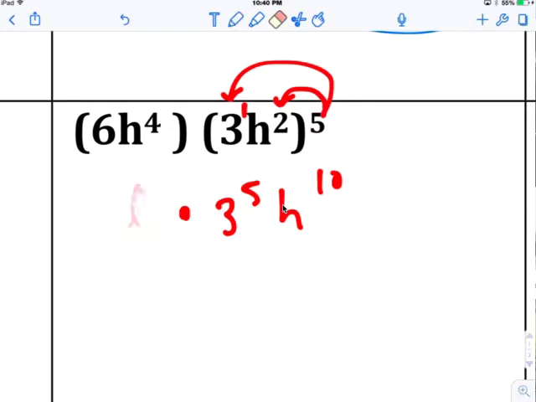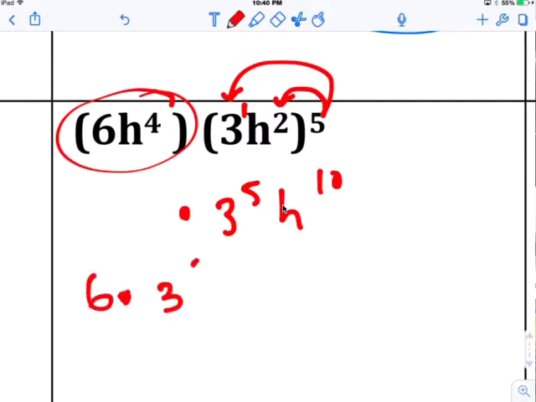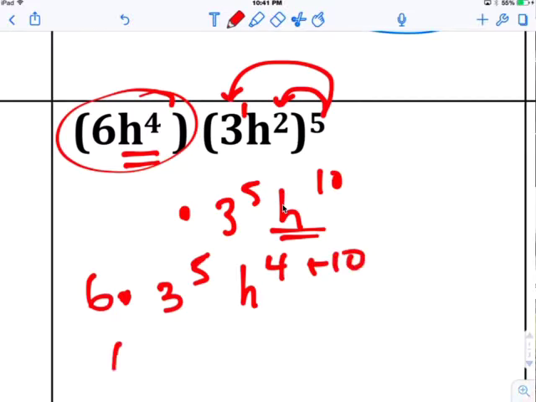And so here you have 6 times 3 to the 5th. They're different bases. You can't add exponents. H to the 4th there, and h to the 10th here. You add them together. 6 times 3 to the 5th, h to the 14th.